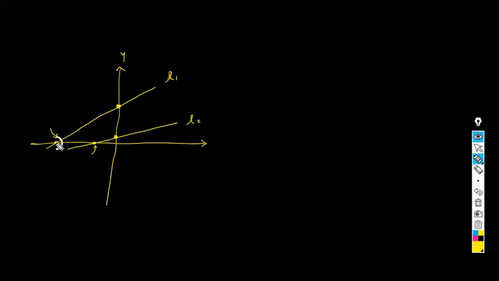This is the interception in the x-axis, and this is the interception in the y-axis. But if you only say interception without any axis, what you mean is the interception with the y-axis.